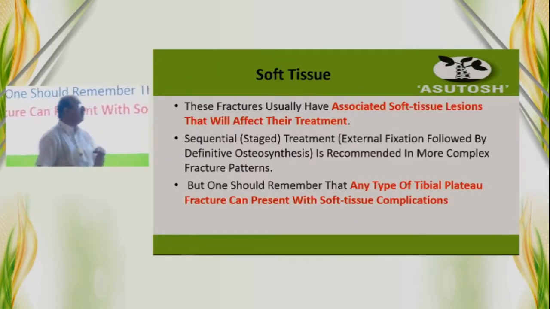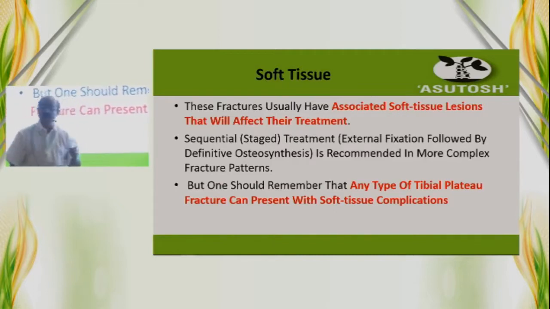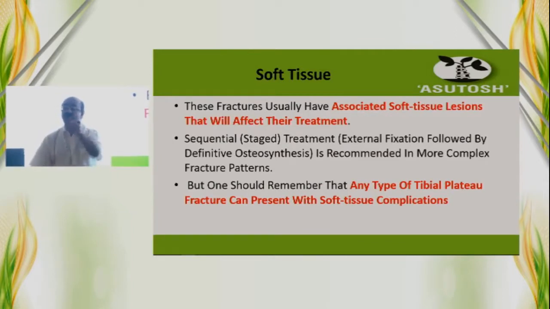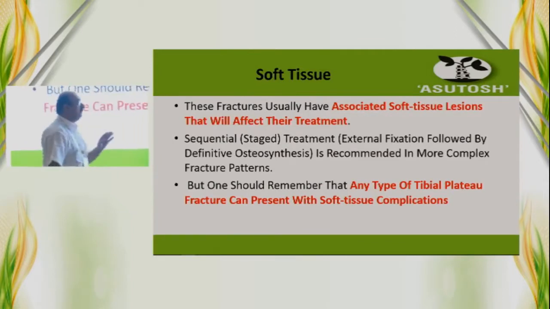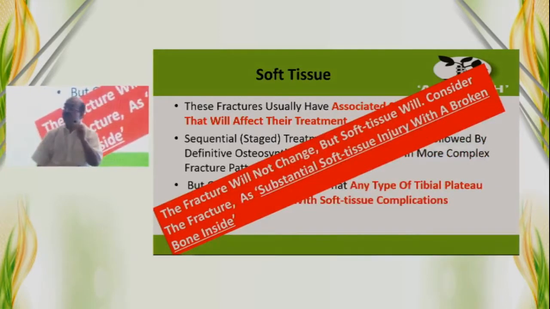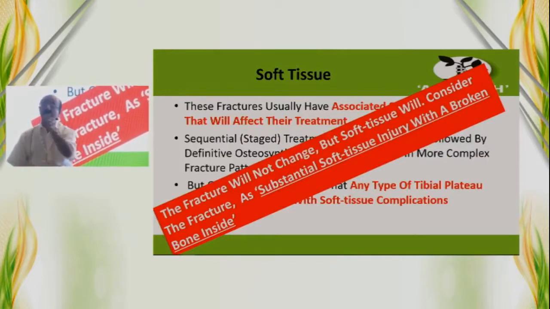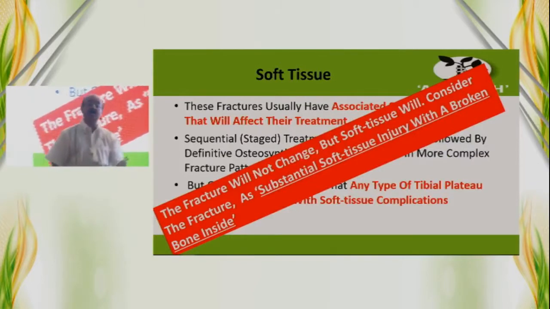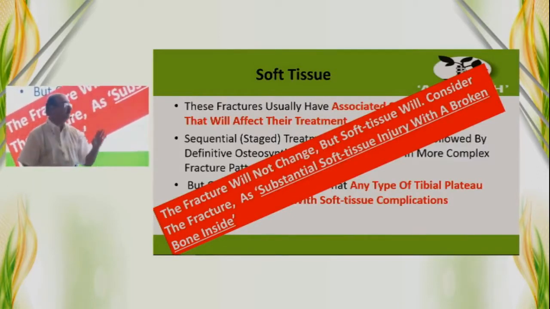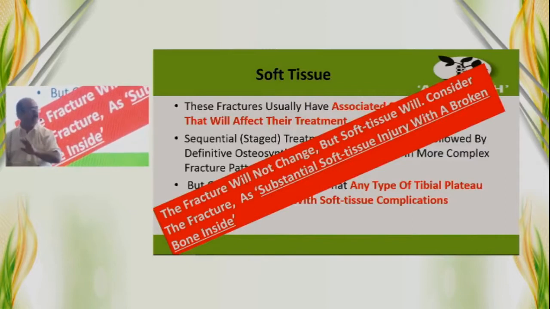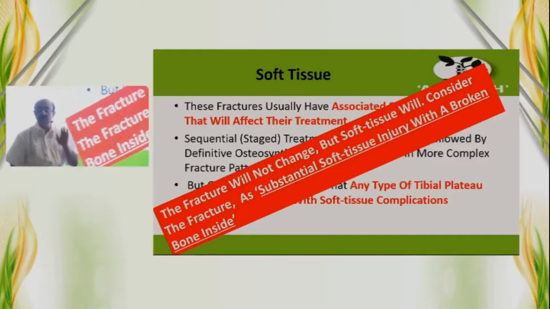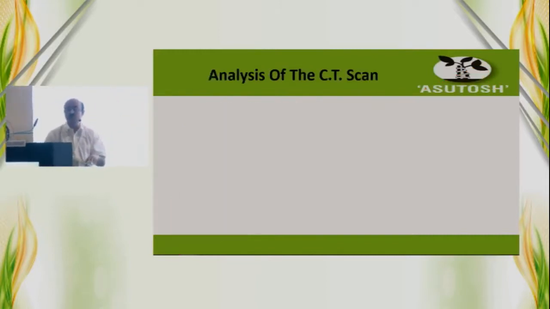I'm not going to talk about the soft tissue lesions, but always remember, even a minor single column fracture can be associated with a soft tissue complication, so don't take the severity of the fracture as an indicator. Even a less severe fracture can cause problems. The fracture is not going to change. The soft tissue will. So consider this fracture as a soft tissue injury with just a broken bone inside.